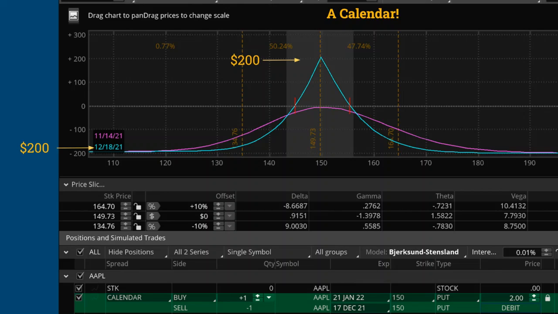The second reason is a lot of times they're good for just a neutral trade, and they profit from time decay. So again, if we stay within this range of say 145 to 155, I'm going to profit just as time goes by, because this is where things will end up at expiration. So that's kind of a simple way to use calendars. There's lots of more sophisticated ways, but that's another type of trade.